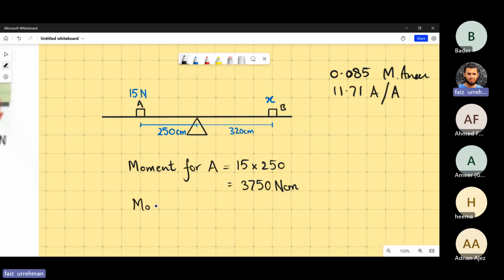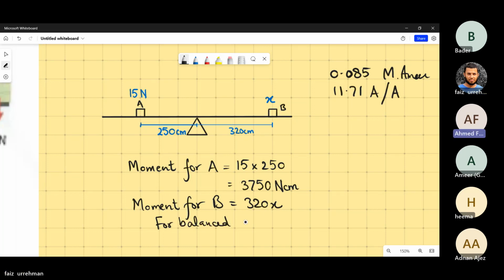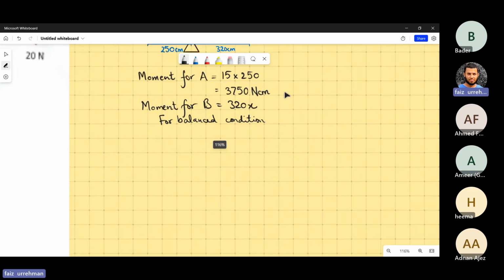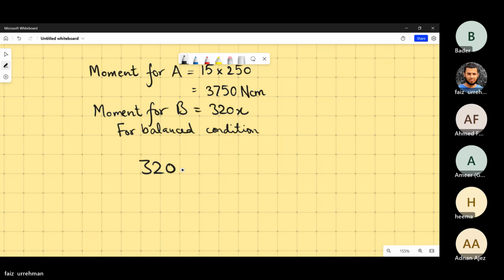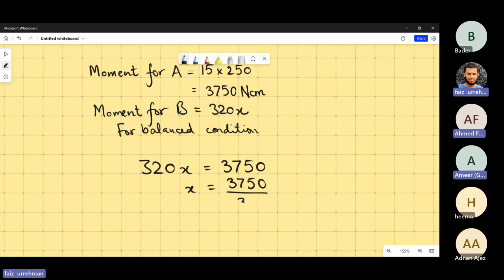Moment for B equals 320 x. For balanced condition, what should be the case? 320x should be equal to 3750, or x is equal to 3750 divided by 320.